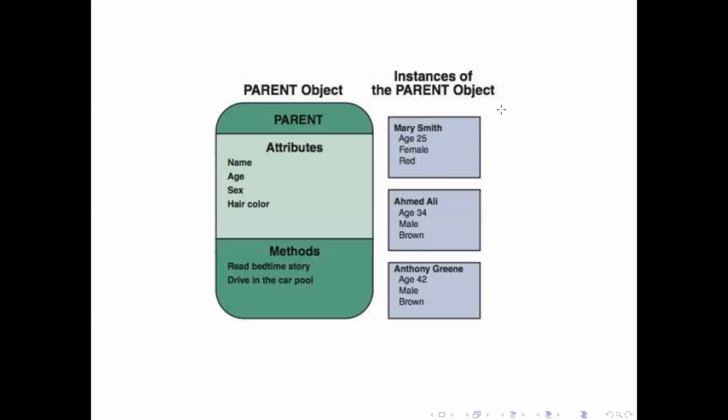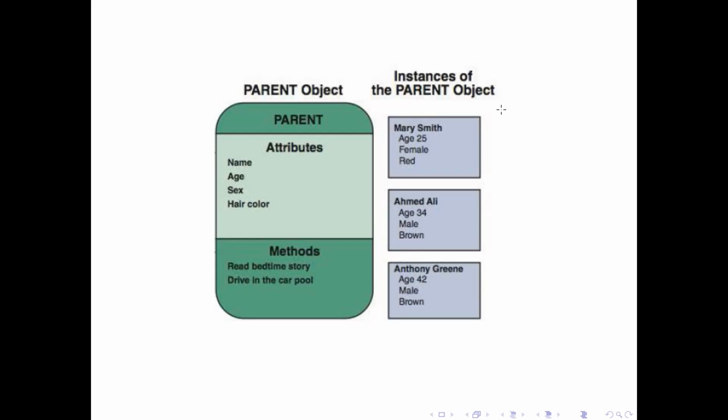Now, if you look at a graphical representation, you might be familiar with this one, which I have taken from the textbook. On one side you will see a parent object, and on the other side you will see instances. That is the very first thing we need to understand. In the parent object, you have a set of data points like attributes: name, age, sex, hair color, and so on. Then you have processes like methods; in this case, read a bedtime story and drive the carpool.